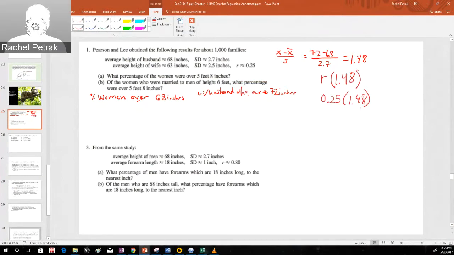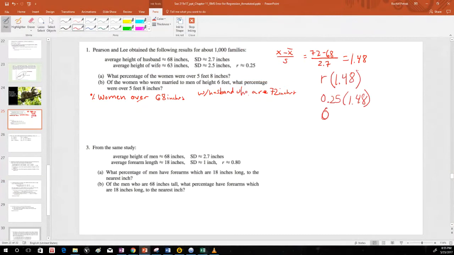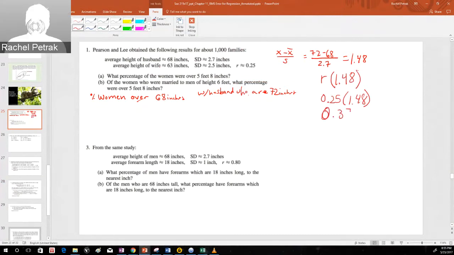So this gives us 0.37 standard deviations above the mean.